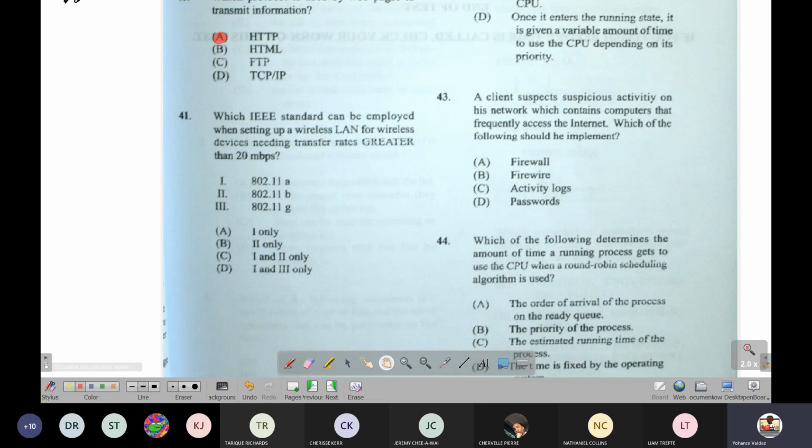G was an improvement on B using 2.4 gigahertz that met the 54 megabits per second like A. So my answer here, if I remember correctly, is going to be D. G and A have the same speed, and I believe both of them are 54 megabits per second.